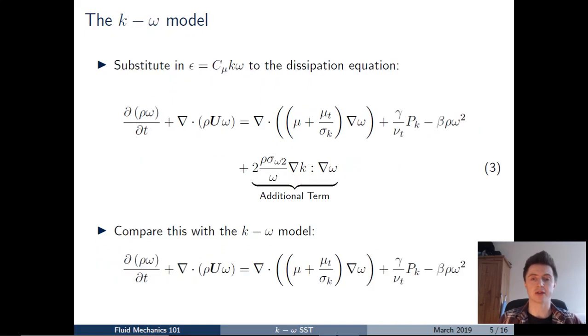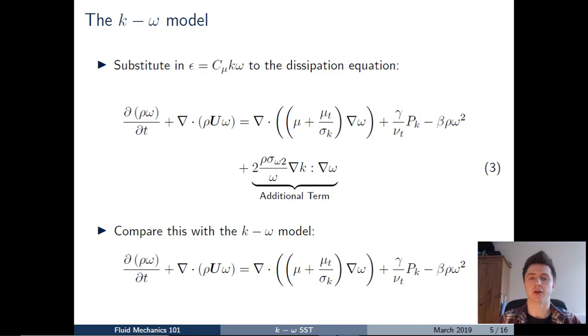So if we substitute in, what we find is that we reach equation 3 there for the dissipation equation, and if we compare this with equation 4, which is the K-omega model, we can see that all the terms are the same. We've got the temporal derivative, the convection term, then on the right hand side the diffusion term, the production and the dissipation terms are all the same if we compare equation 3, remember that's the K-epsilon model just rewritten in terms of omega, with the K-omega model in equation 4.